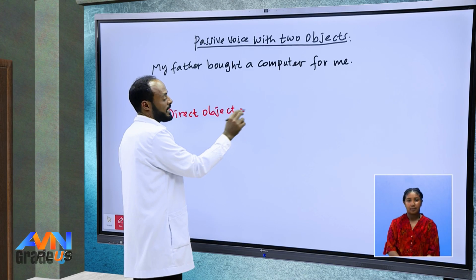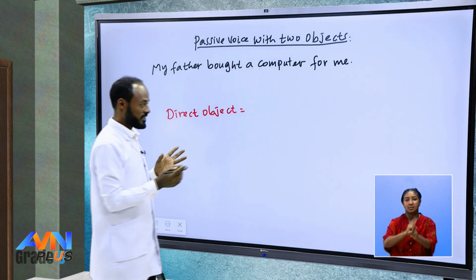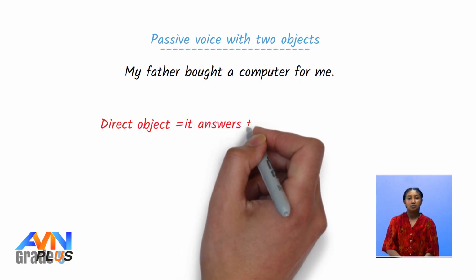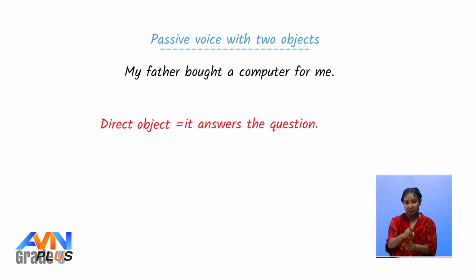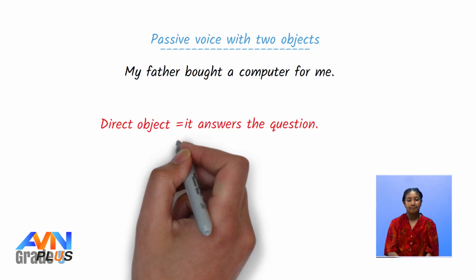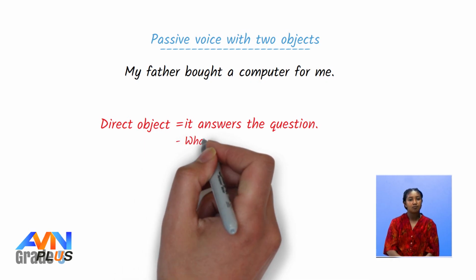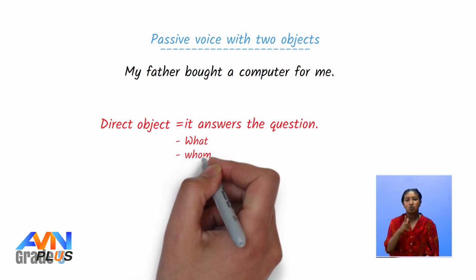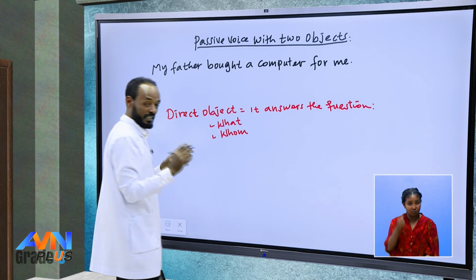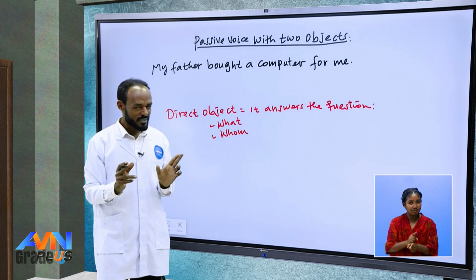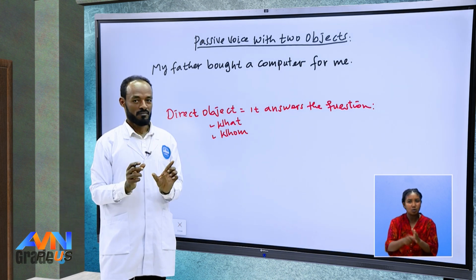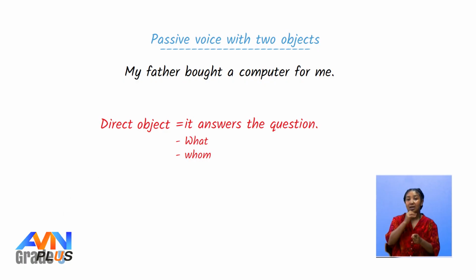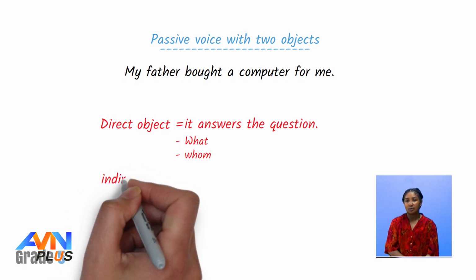It answers the question what or whom. Bear in mind, it answers this question. What, whom. Okay? What about the indirect object?